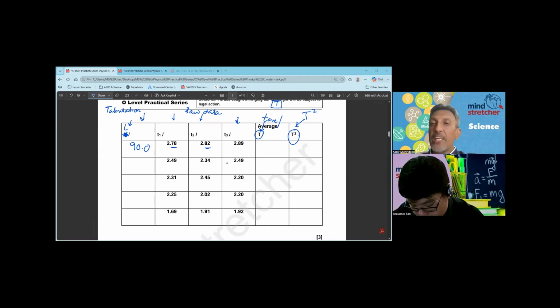But when it comes to pendulum, you just follow what your school has been teaching you, whether two decimal places or one. I just want to highlight in case you're wondering.